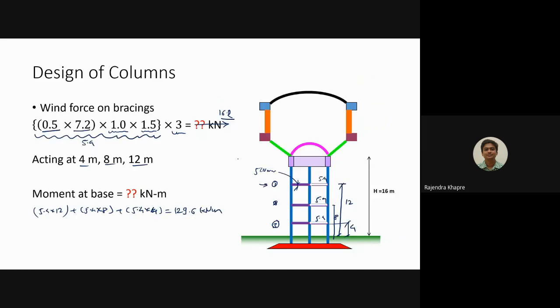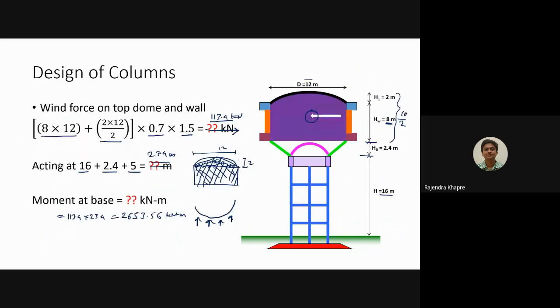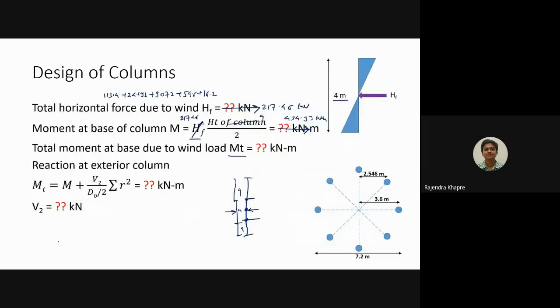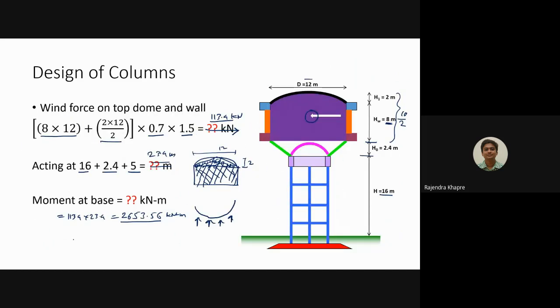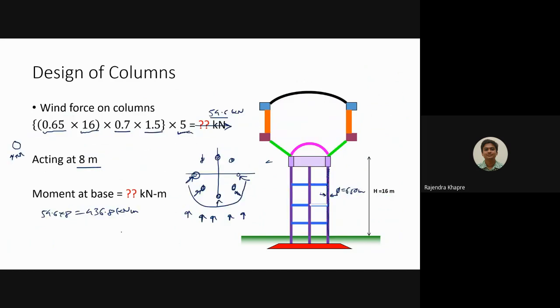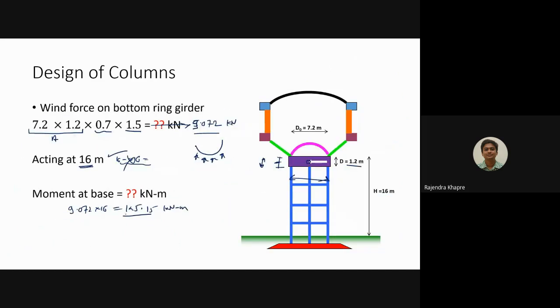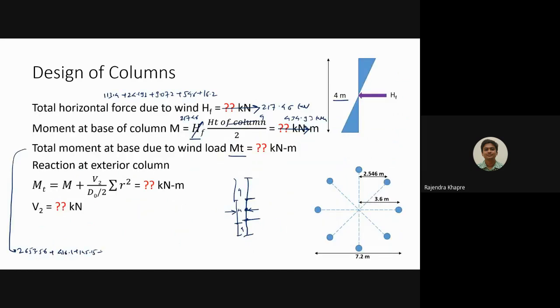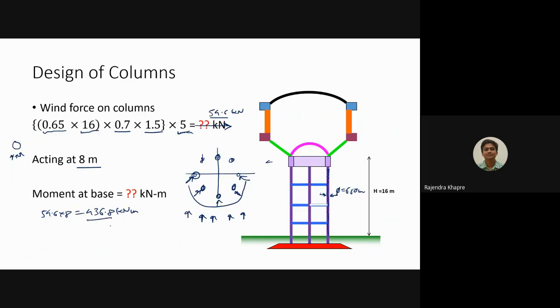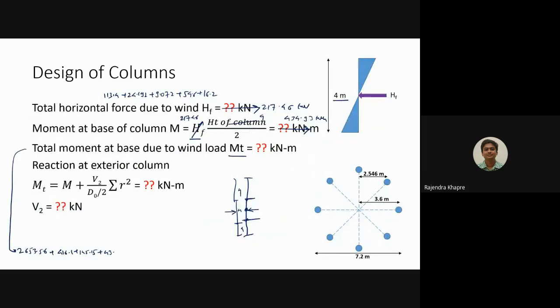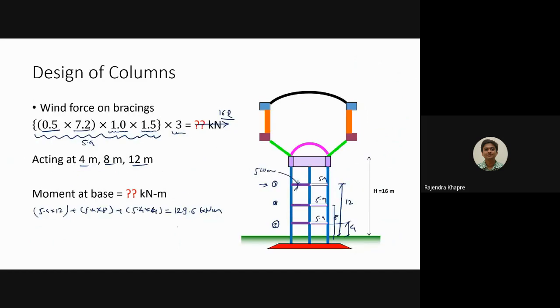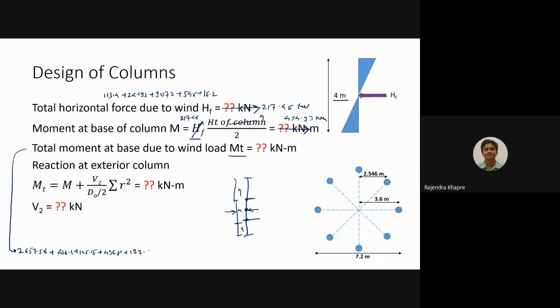Now we have to calculate MT, the total moment due to the wind load, which we have also calculated earlier. For the first case, the moment was 2653.56. Then we have 416.1, then 145.15, then 436.8, and lastly 129.6, sorry.